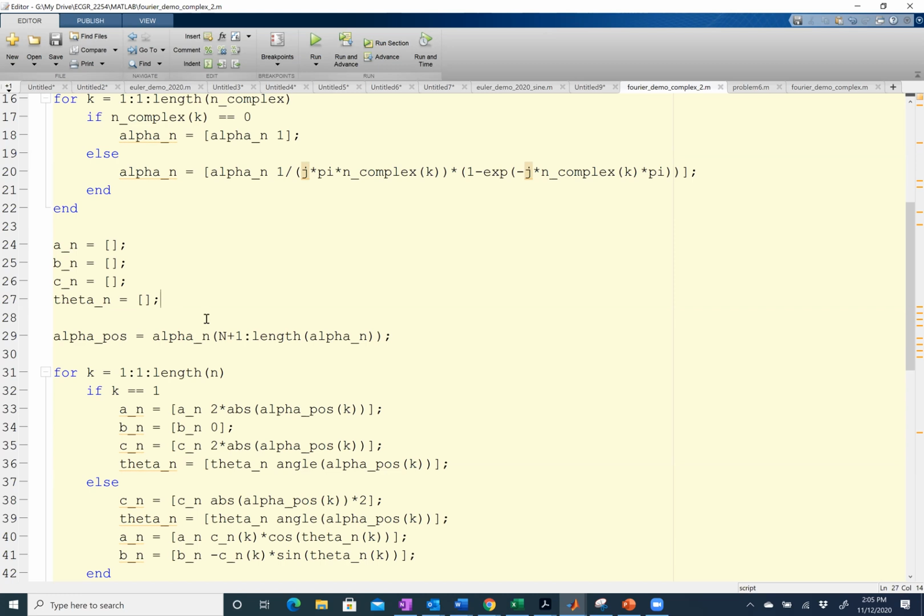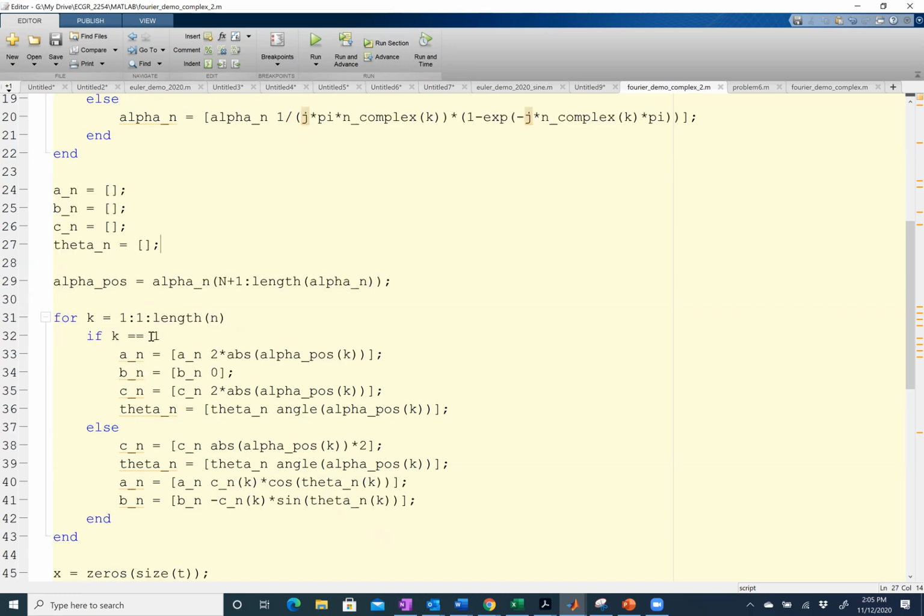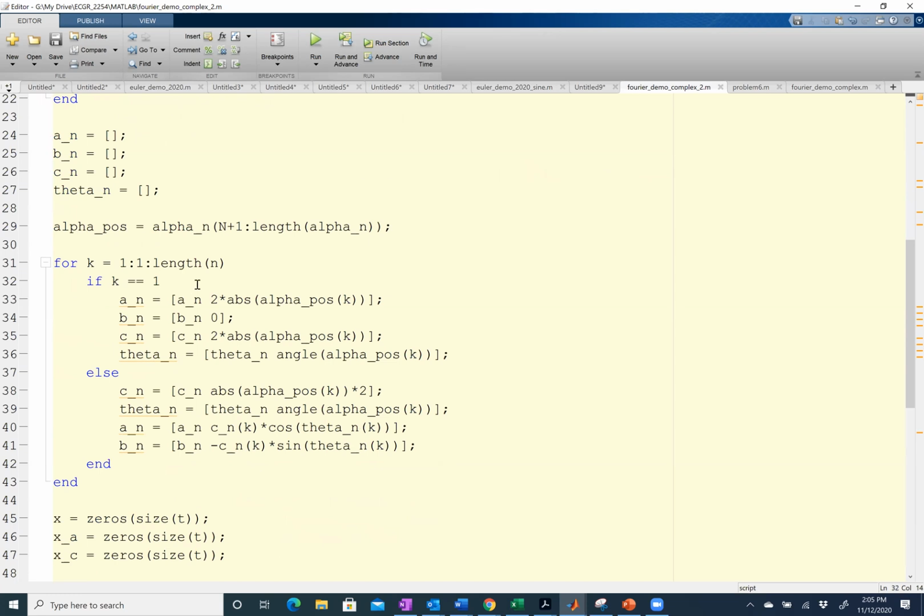Then I have a for loop that loops through the alpha vector. Notice I created something different called alpha positive. We'll deal with that in a minute. I loop through and fill up the Cn and the theta n. Once I have the Cn and the theta n, I use them to calculate my A and B values.